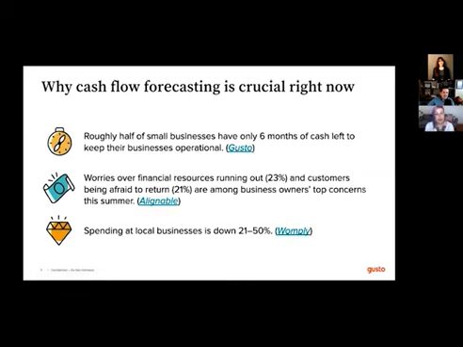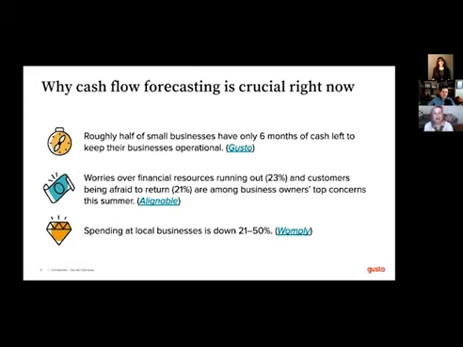Worries over financial resources running out, 23%, and customers being afraid to return, 21%, are among business owners' top concerns this summer. So again, this really ties back into cash flow and forecasting. What am I going to need and what will happen? What can I do if my customers don't come back and I'm only operating at 50% capacity or 75% capacity?